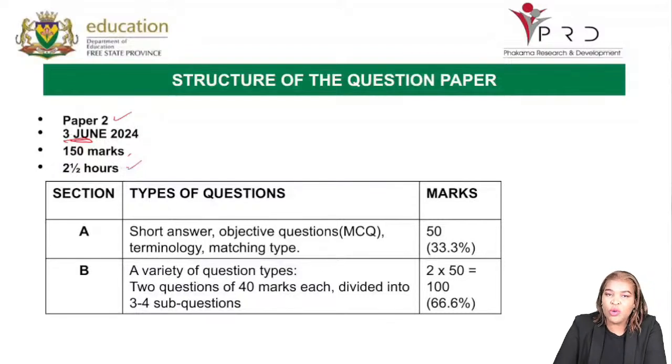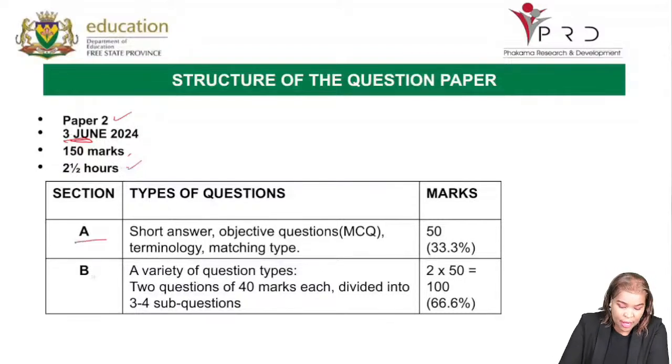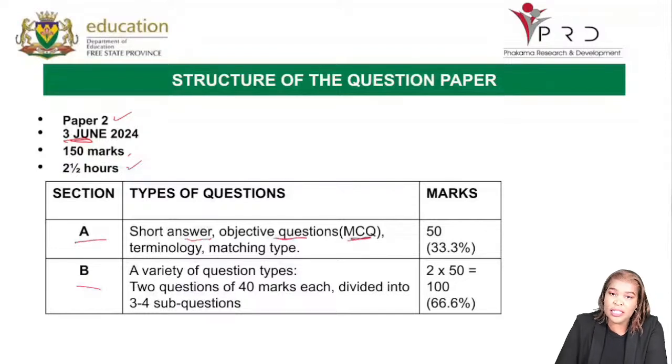So your question paper is going to be structured into 2 sections. You are going to find section A and section B. Your section A is going to consist of short answer questions, objective questions or your multiple choice questions, and your terminology, which is very important in life sciences, and the matching type or the matching column. All in all, section A is going to be out of 50.